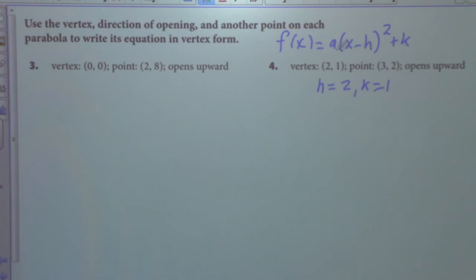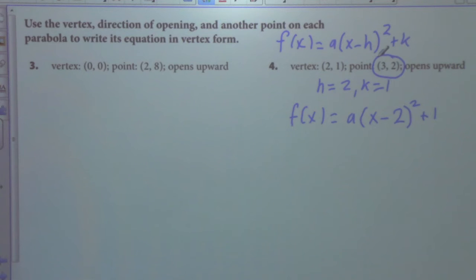So substituting into our standard vertex form, we have f of x is equal to a times x minus h, and we know h is 2, and we square that, plus k is 1. Is everybody okay to this point here? Good. So what's our next step?